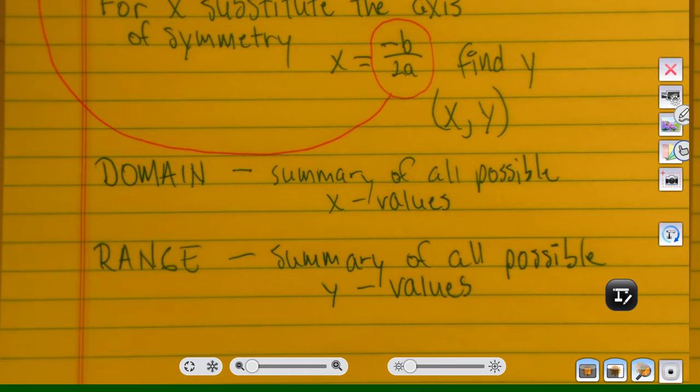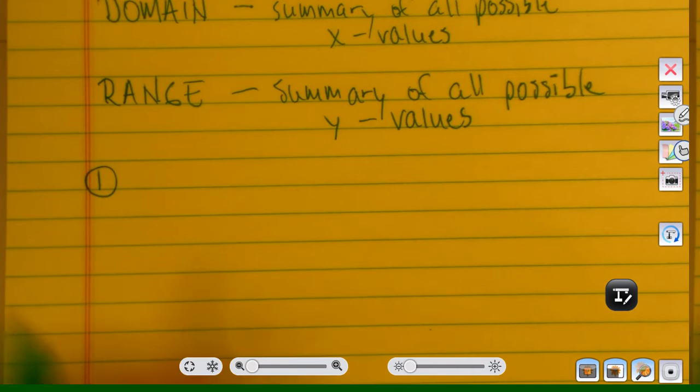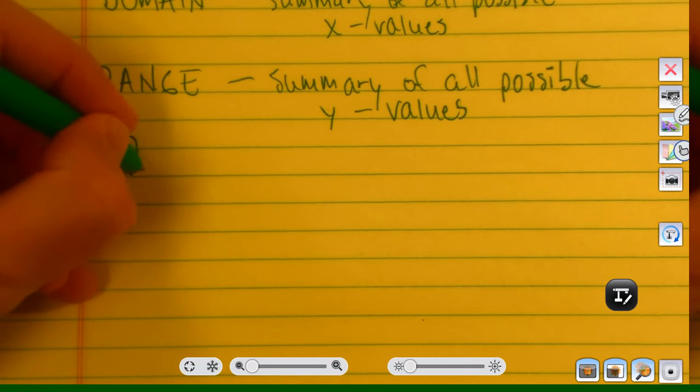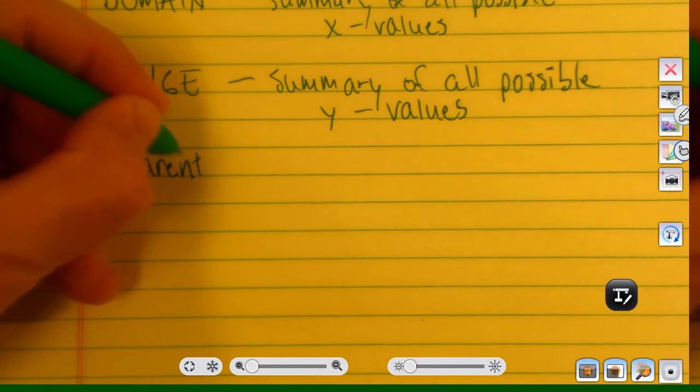So we're going to take all that information and work to graph some quadratic equations. I want to look at a quadratic graph. This is really known as the parent function.